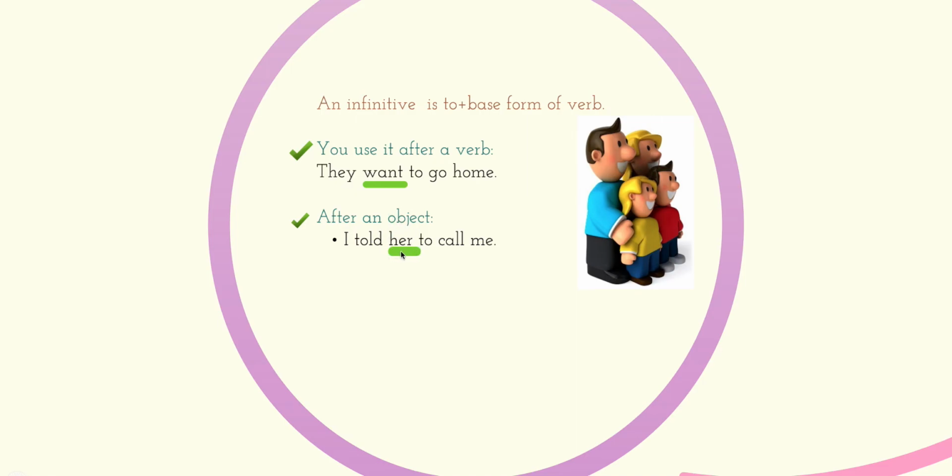Un objeto es como lo que recibe la acción, lo que está sucediendo, ¿listo? So, I told her, el que está recibiendo la acción es ella. Yo le dije a ella, está recibiendo mi acción, por eso es el objeto de mi oración. So, the only difference is that between the verb and the infinitive, you are going to have an object. Questions about the second use? No?